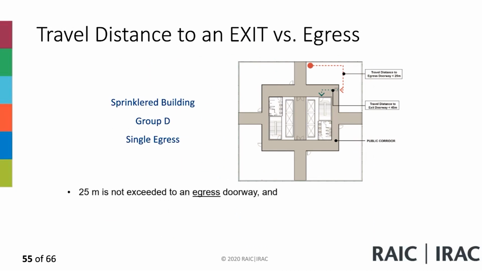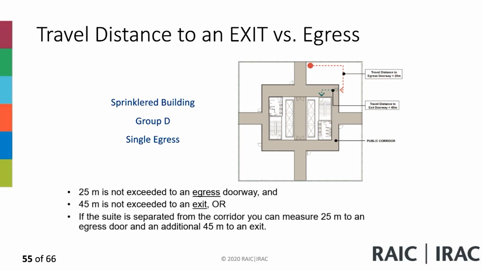Okay, so we looked at that. 25 meters is not exceeded to an egress doorway. 45 meters is not exceeded to an exit. If the suite is separated from the corridor, you can measure the 25 meters to an egress door and provide the 45 meters to an exit from the door of the suite. So if you've got corridors separated from the suites, then you can measure your egress, the number of doors required depending on the suite size and the travel distance within the suite to the egress door.